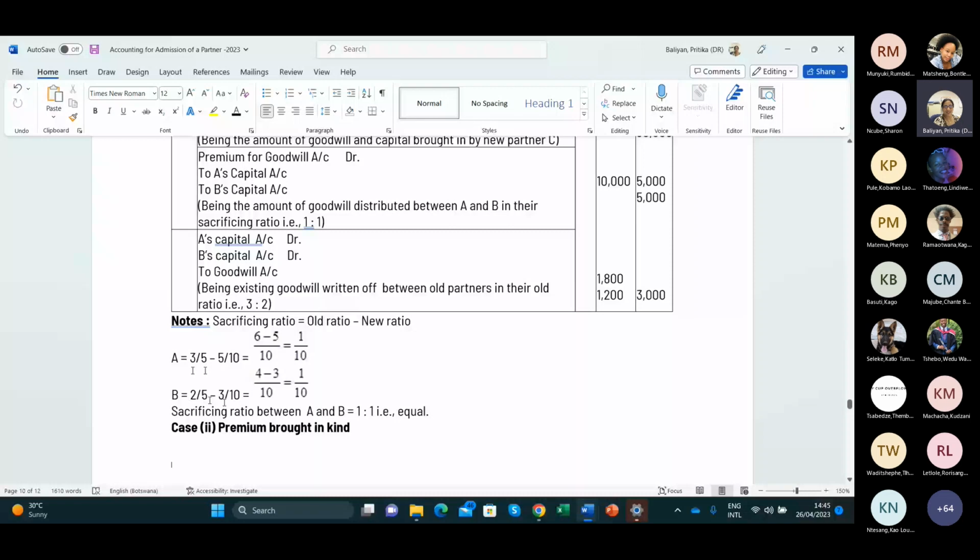To solve this, we create the same denominator, so we multiply by 2 on both figures: 3 times 2 is 6, 5 times 2 is 10. Both get the same denominator, 10. 6 minus 5 is 1/10. Same thing for partner B: 4/10 minus 3/10 is 1/10, so both partners sacrifice equally. Do you understand how to calculate the sacrificing ratio?